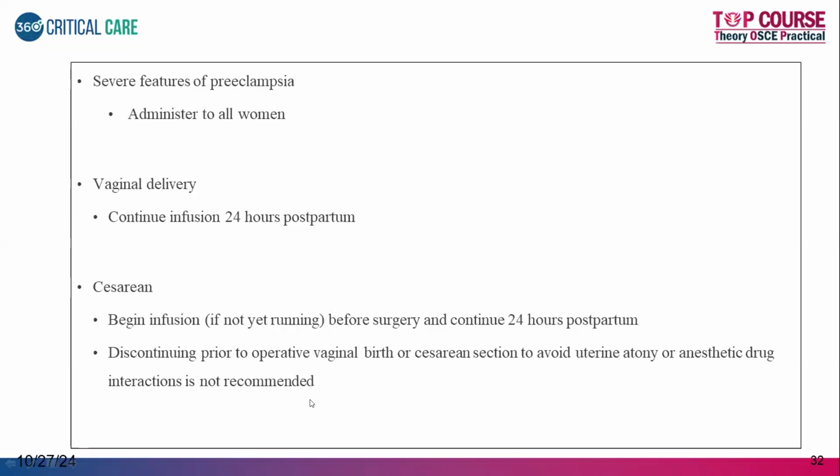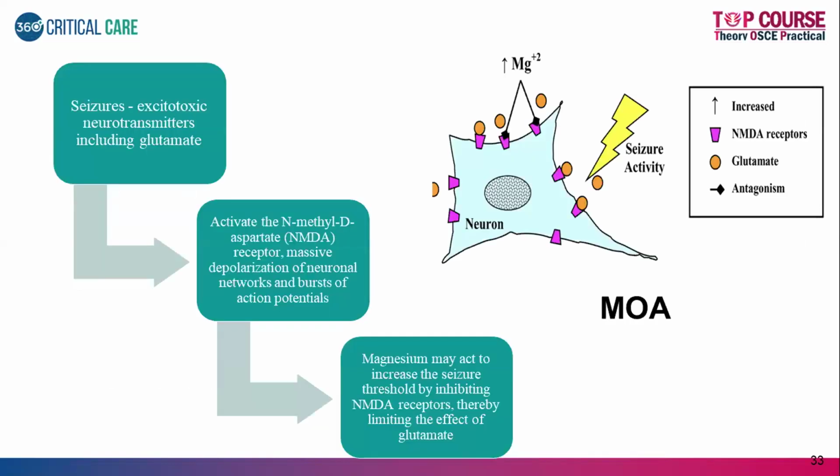So please remember this. As anesthesiologists, we are all worried, right? Because it causes uterine atony, or a lot of additional muscle relaxation if you give magnesium sulfate with anesthetic drugs. But that is not done now. So do not discontinue magnesium sulfate.